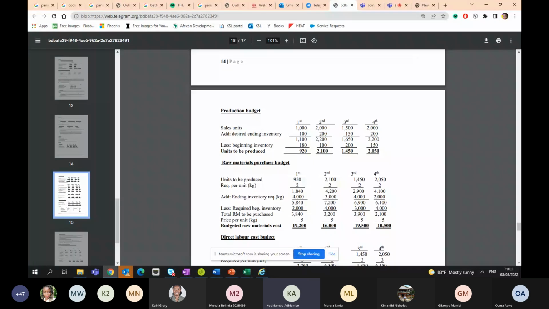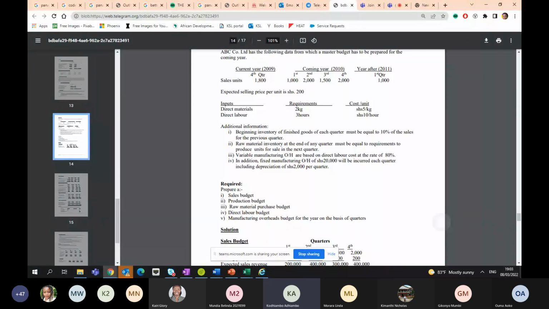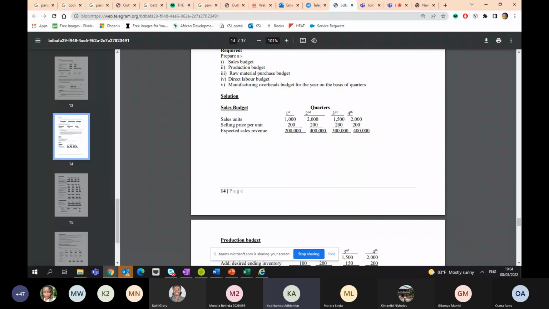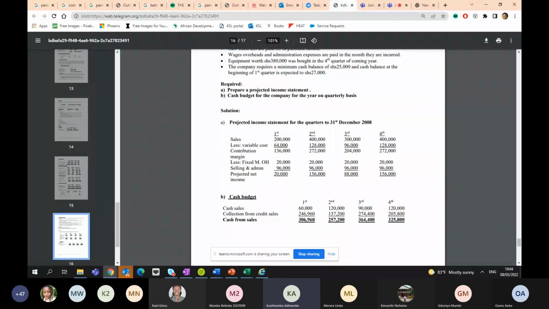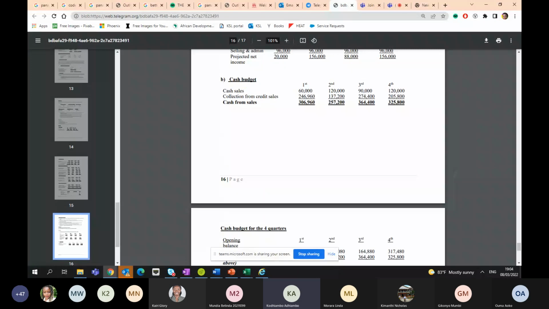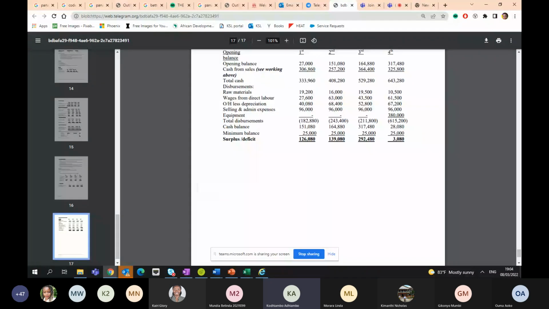Then we need to know in terms of materials how much we need per unit, and we are told we need 2, at the cost of 5 shillings. So whatever units we have on the projected budget, we need to multiply that by 2.